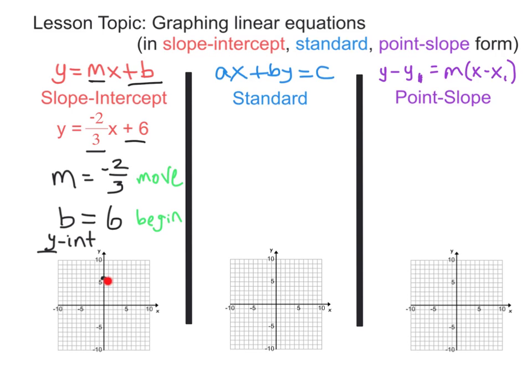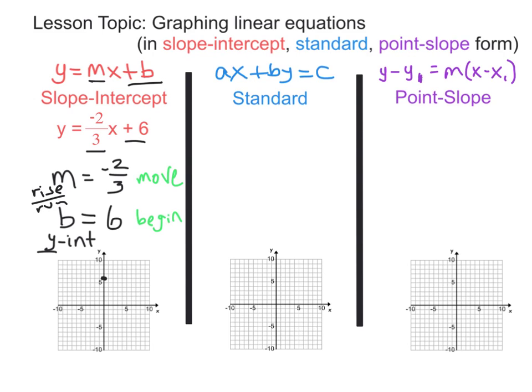So from this point right here, we know we need to go down 2, because it's negative, and right 3. Remember that slope is rise over run. So we're going to rise negative 2, and we're going to run 3 to the right.